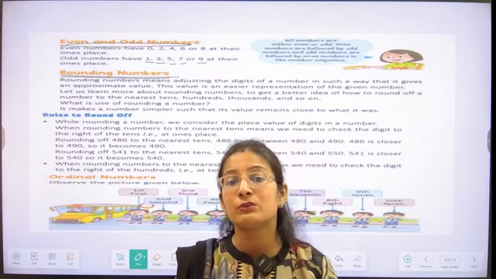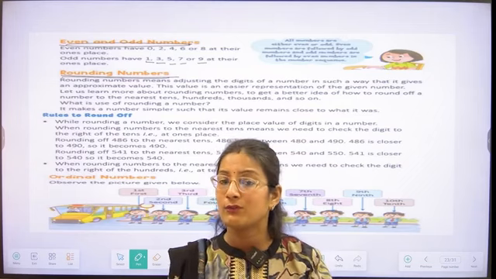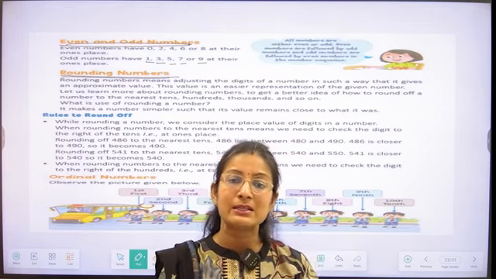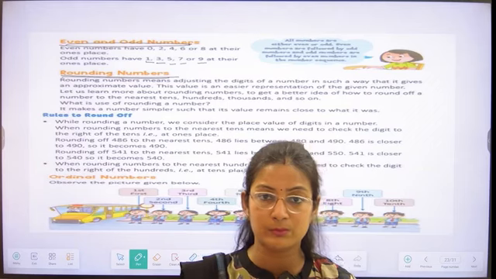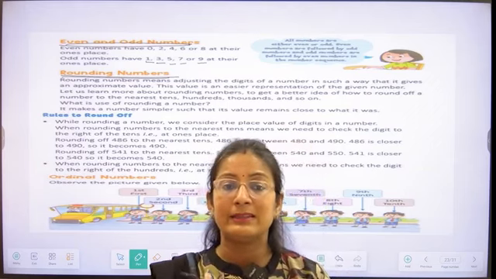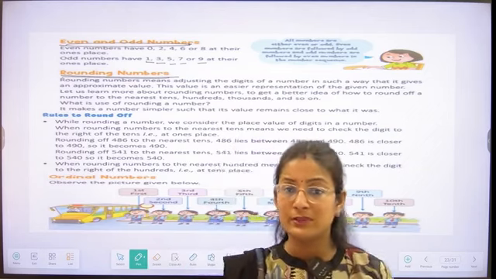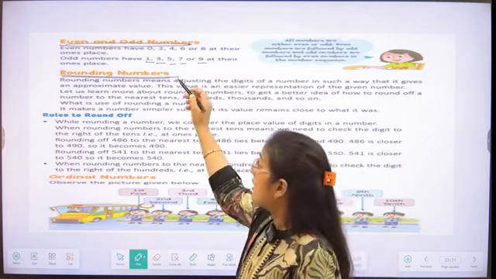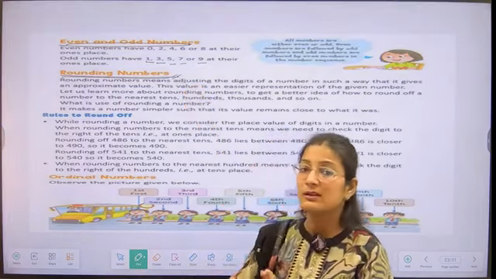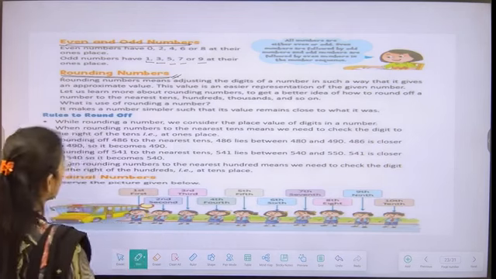And if we are rounding off a number to its hundreds place, we check its tens place value. The place value is nearer to which number? Then the number is rounded off to that number. So with this, we are going to do the rounding of the numbers, students. Moving to our next concept.